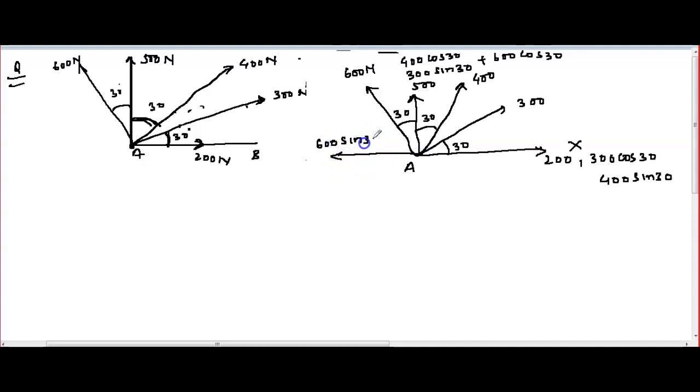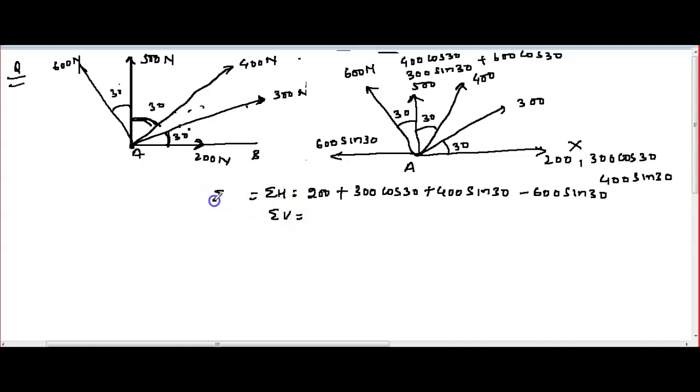So tell me the total horizontal forces. Sigma of vertical, horizontal, yeah, horizontal. This is also called sigma of F of x.